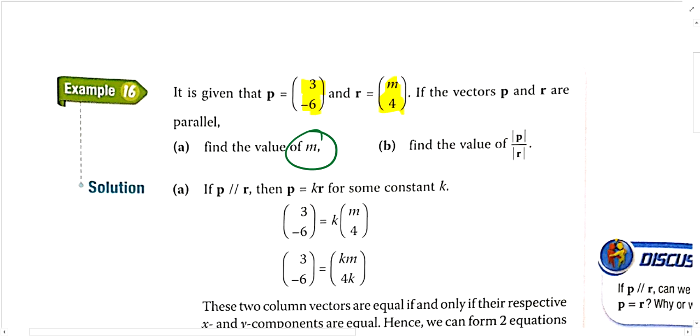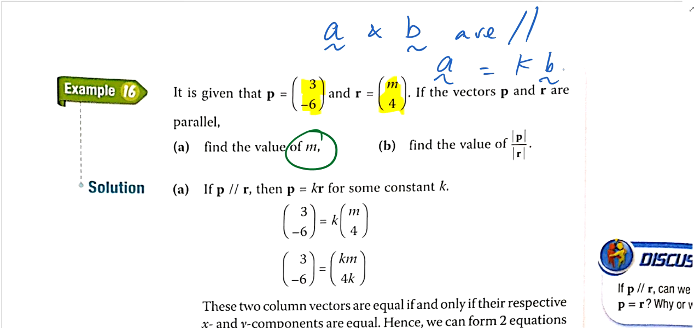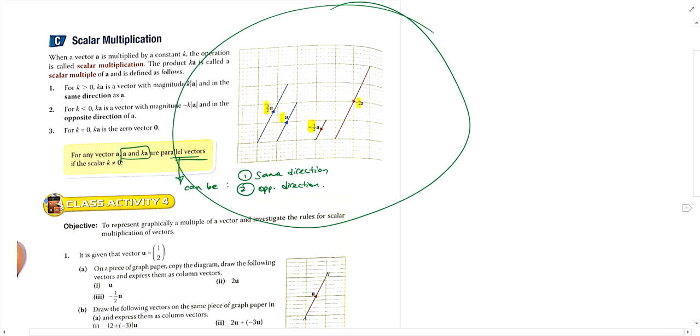As long as I know that two vectors are parallel, for example A and B are parallel, then I know that A must be equal to k times B. As long as they are parallel, A must be k times B. This is the same as this one. Okay, because they are parallel, one vector must be a scalar times the other vector.